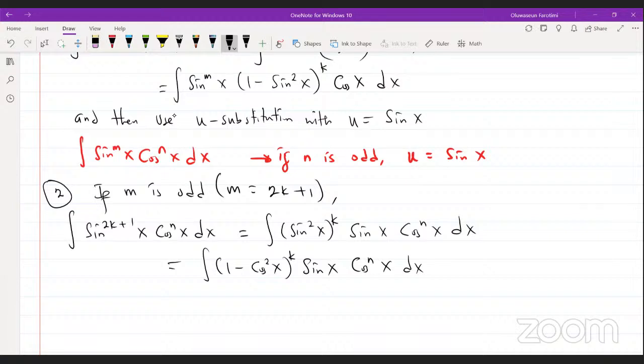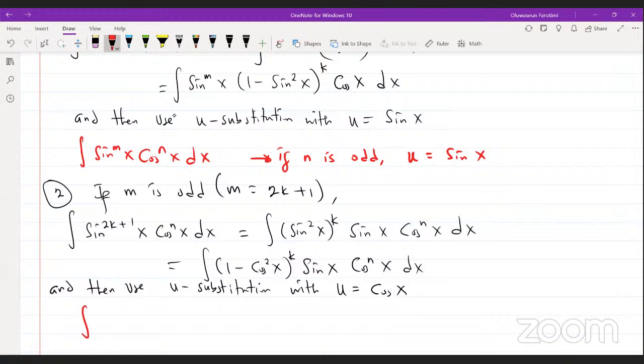All right, and then what kind of substitution do you use? So then use substitution with u equals cosine of x. So let me just summarize everything I've said.